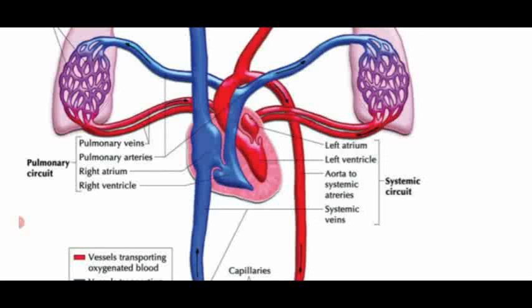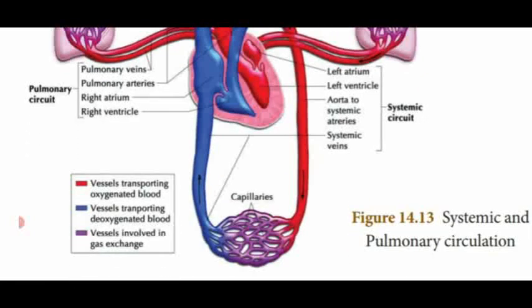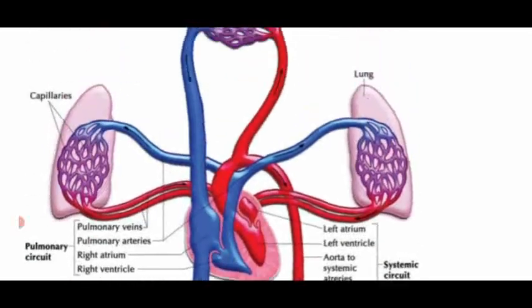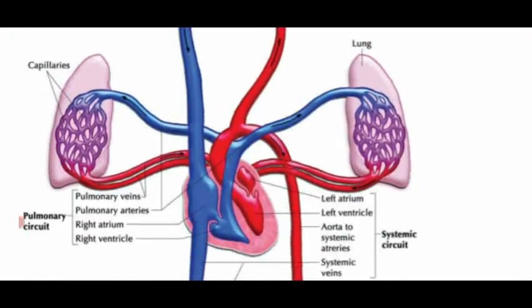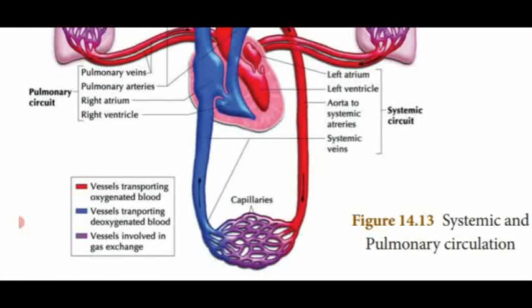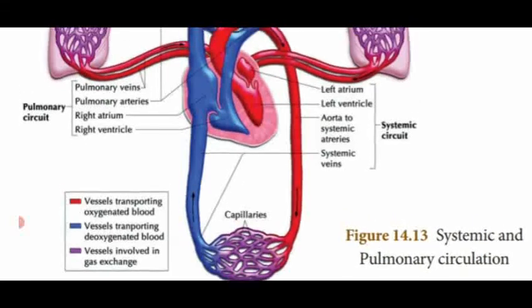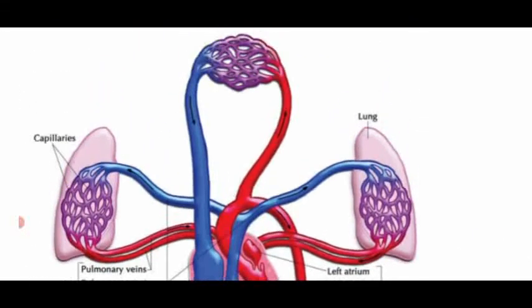On the left side, two types of blood vessels are shown, pulmonary veins and pulmonary arteries. This circuit is known as the pulmonary circuit. In the lungs, they show the gaseous exchange. These are the two types of circulation seen in our body, systemic and pulmonary circulation.